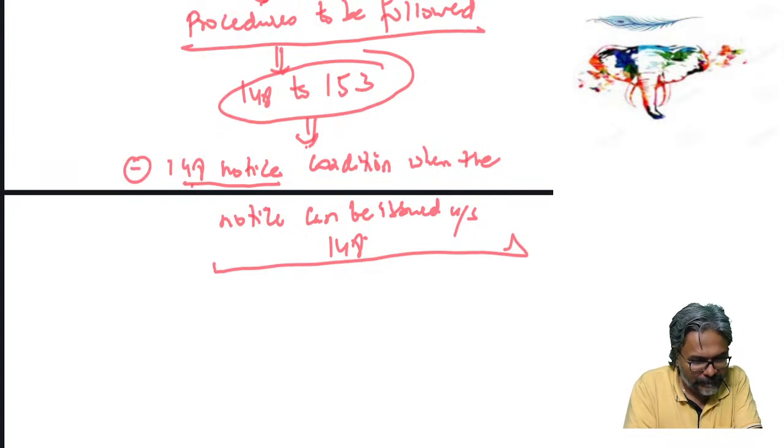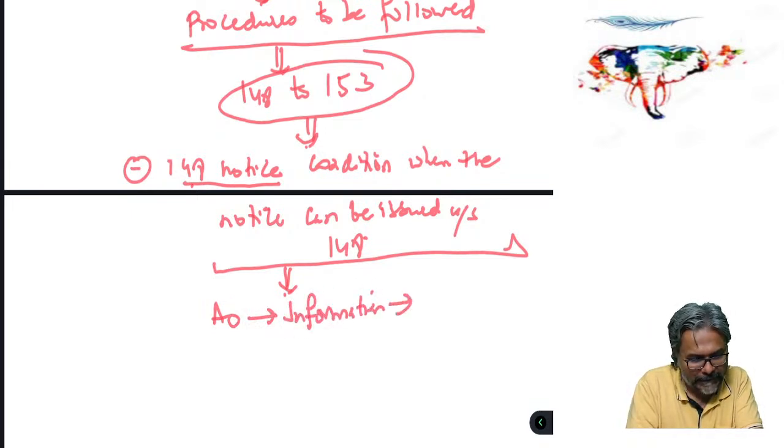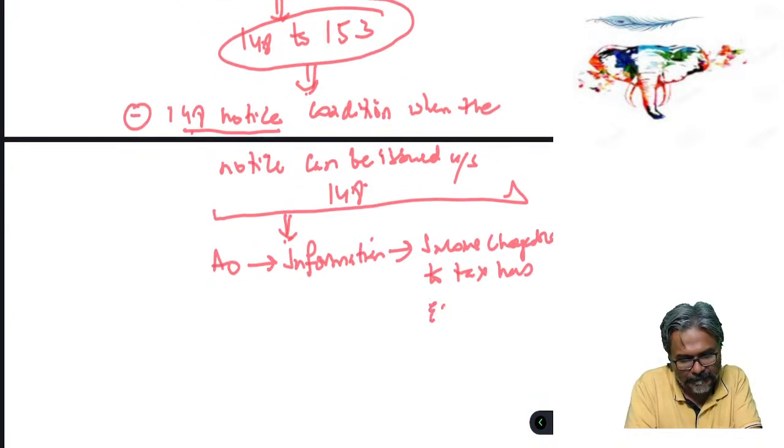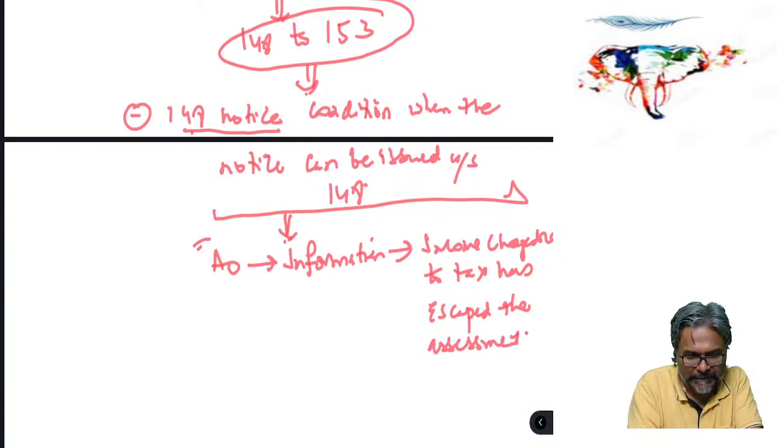So herein, first of all, the important thing is that the AO should have the information. Information about what? That the income chargeable to tax has escaped the assessment.